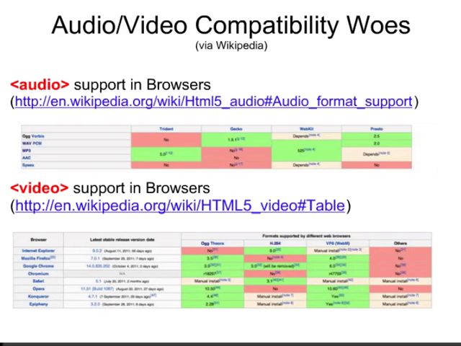On this slide right here, I've provided charts that detail what audio support and video support looks like in different browsers today. The HTML5 specification remains relatively format agnostic. It doesn't say all HTML5 supporting browsers must support MP4 for video and MP3 for audio.